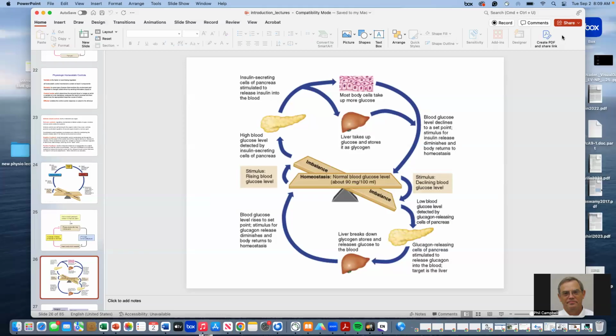It goes down. Now, we don't want to overshoot this, so as the blood glucose level goes down, that means that we then reduce the amount of insulin that's released. So those cells are not taking up as much. So that's how we can bring this elevation back down, but we don't want to overshoot. So we have this negative feedback.